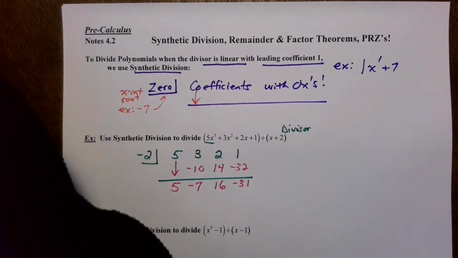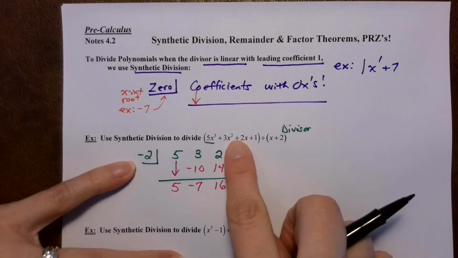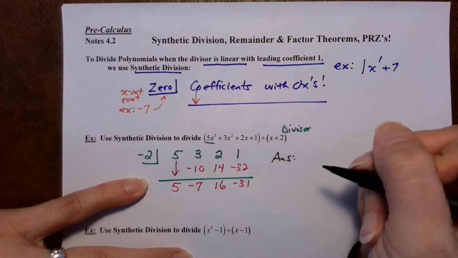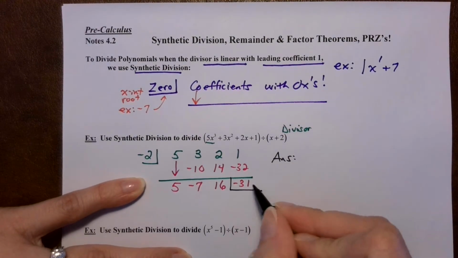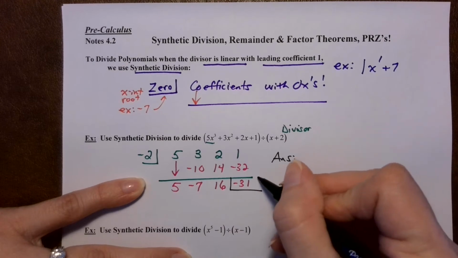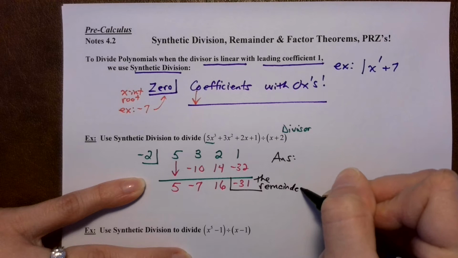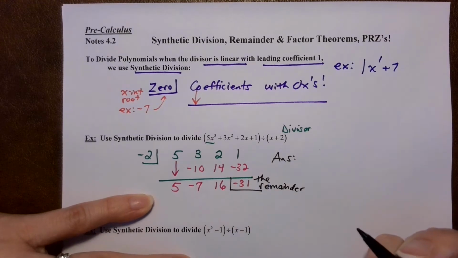Now let's give this some meaning. I divided that cubic by that linear, and what's my answer? First thing I'm going to do is put a little box right here, chunk this off. This is called the remainder. I'm noticing immediately that this did not divide evenly.